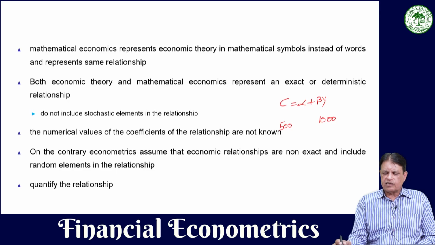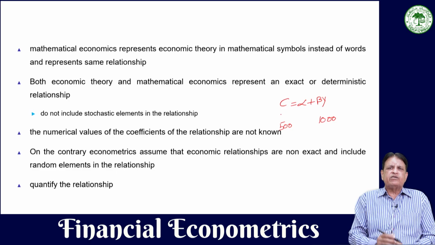There may be some person whose consumption is 400, even though their income is 1000. There may be some persons whose consumption is 700, even though their income is 1000. So, with the same income, different people may have different levels of consumption. So, with one value of y, several values of c may be associated.